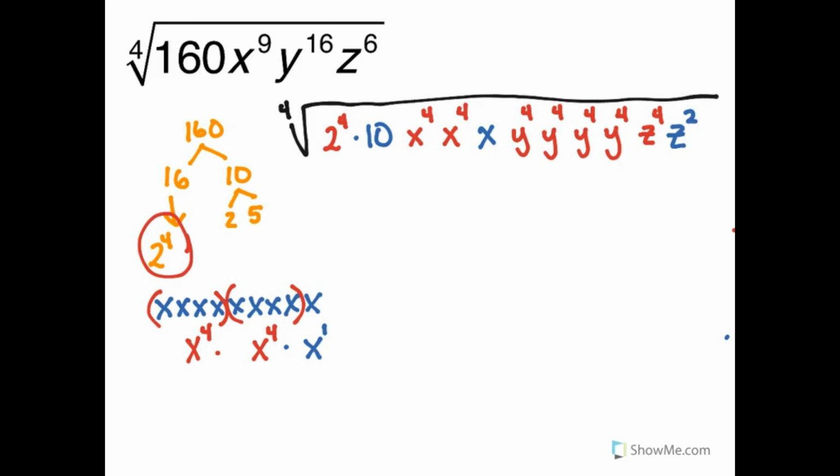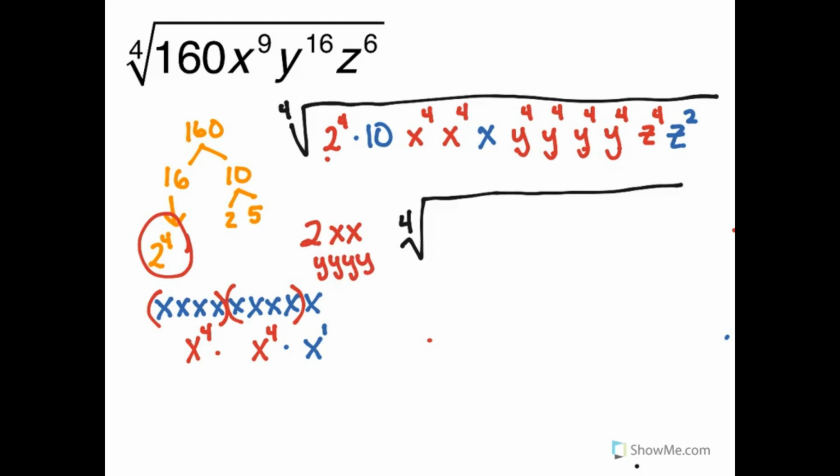So now we've broken this all down into 4th powers. Let's simplify. 2 to the 4th power lets me take a 2 outside. X to the 4th and x to the 4th, I've got 2 copies of x outside. I've got 4 of the y to the 4ths, so I'm going to have y, y, y, y, and 1 z to the 4th gives me a z outside.